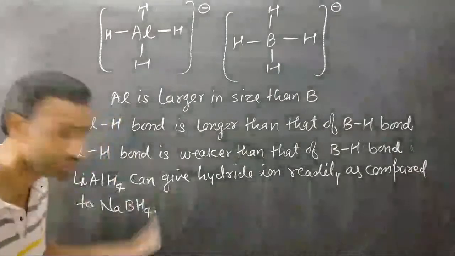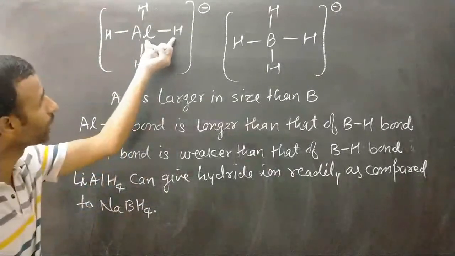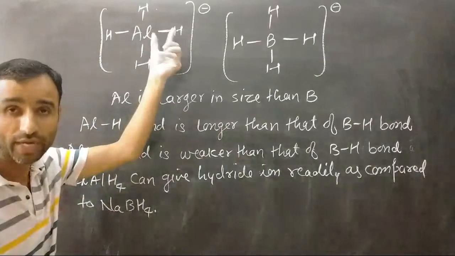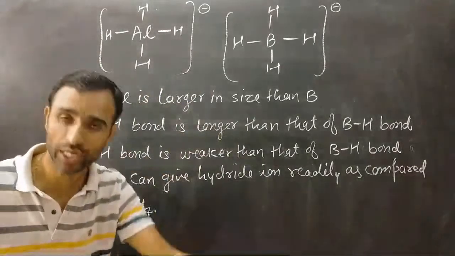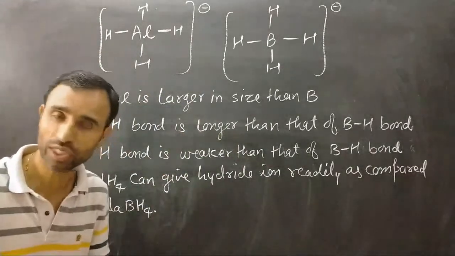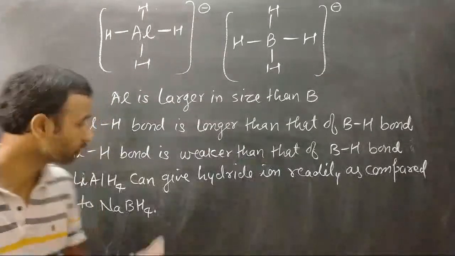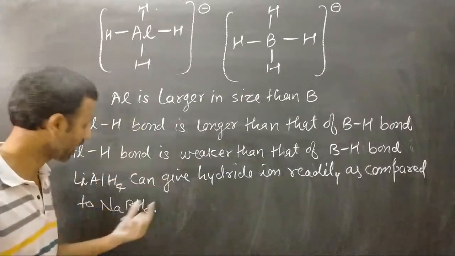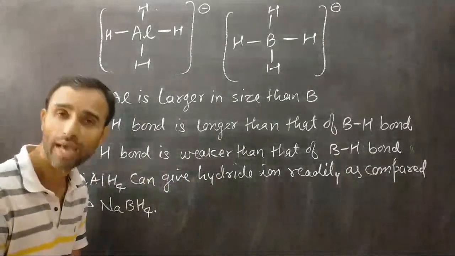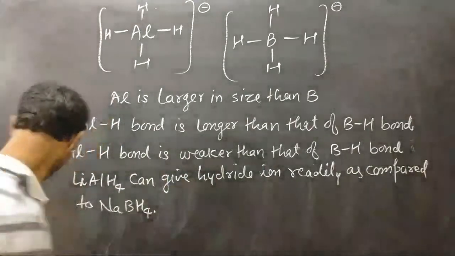Okay, that is the reason that aluminum hydride can give hydride ion more easily, and that is the cause of its reducing nature. Okay, that's why lithium aluminum hydride is a stronger reducing agent than sodium borohydride.